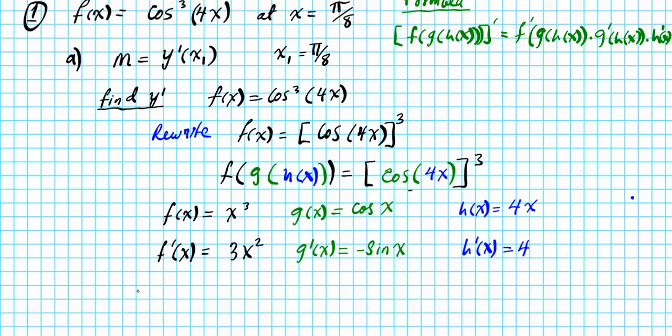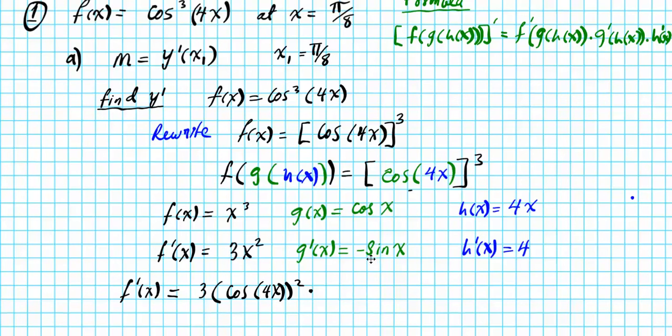So our derivative y prime or f prime of x is the derivative of the outermost function. You plug in g of h of x. So 3 parentheses, g of h of x is cosine of 4x, so cosine of 4x squared, times g prime of h of x.